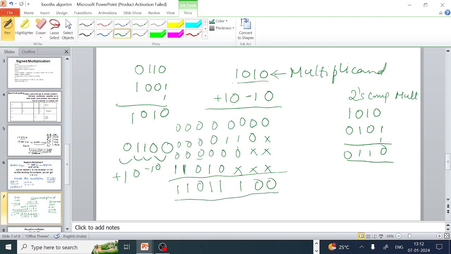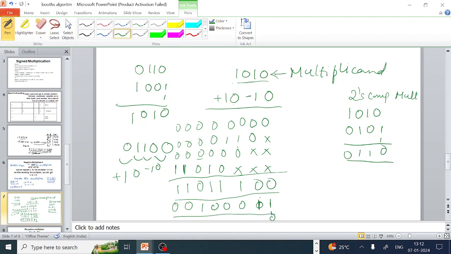I got this number. Now I don't know whether this is really right. What I should have got is minus 6 into plus 6, which is minus 36. I'm just converting this back into 2's complement and checking whether my answer is right.